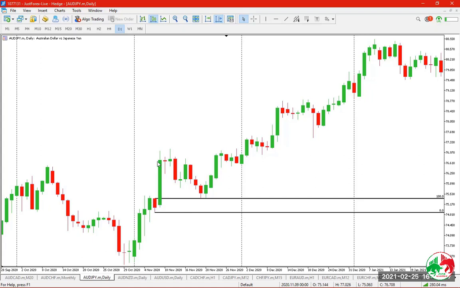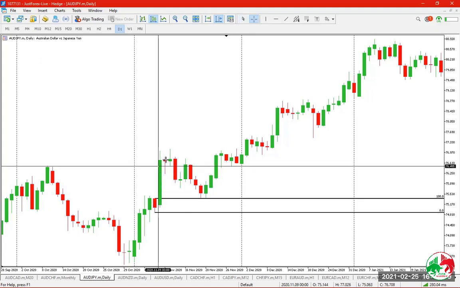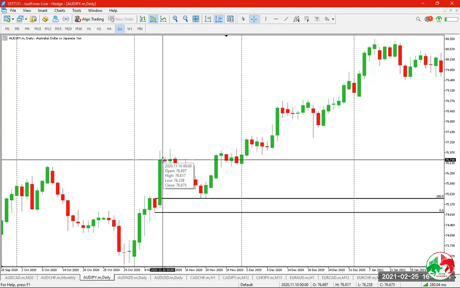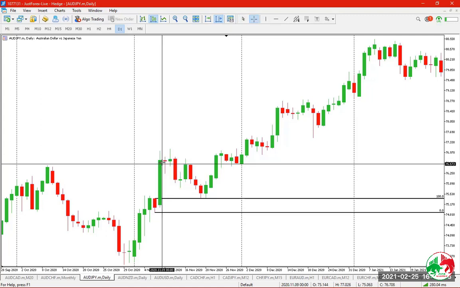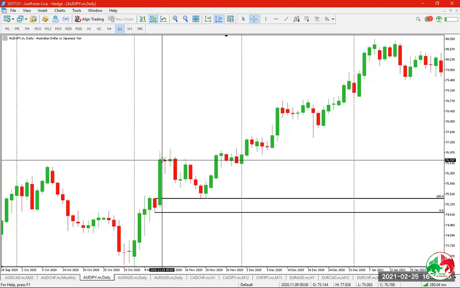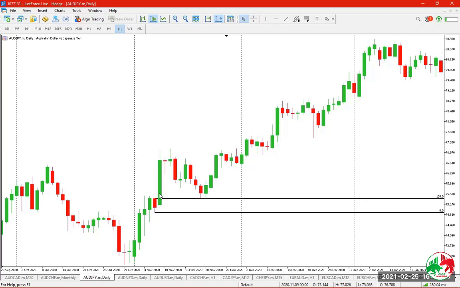Okay, the body here, the close of the candle closed above the open price of the previous seller. So here we saw sellers coming into the market. Then all of a sudden we see a strong buying pressure. This indicates there were more buyers than sellers here.